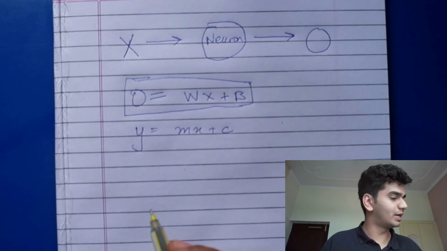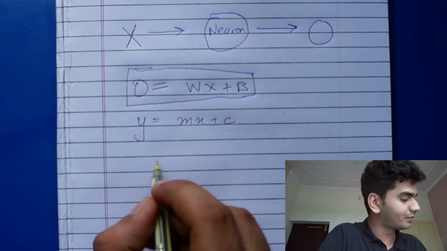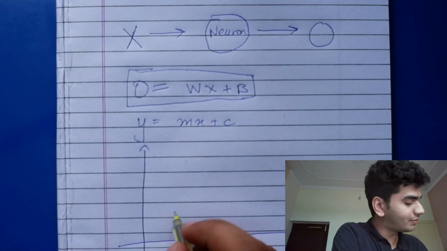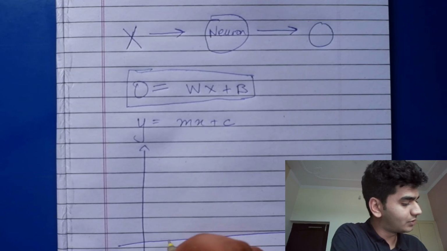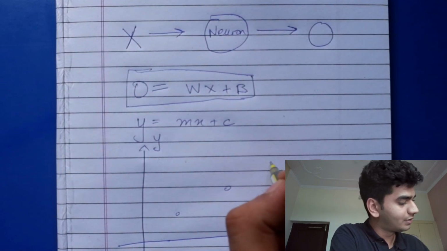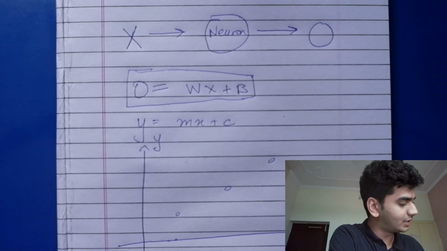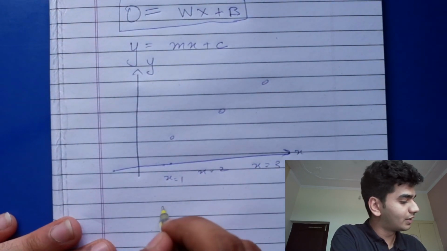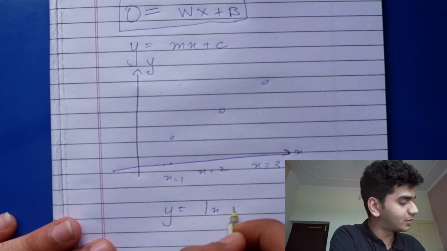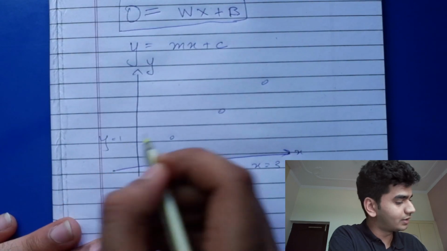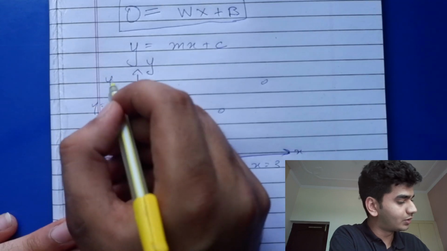Let me give you an example. If you have particular values of x, and for them you want particular values of y, say x equal to 1, x equal to 2, and x equal to 3, then for a function y equal to 1x plus 0, you can only plot y equal to 1, y equal to 2, y equal to 3.